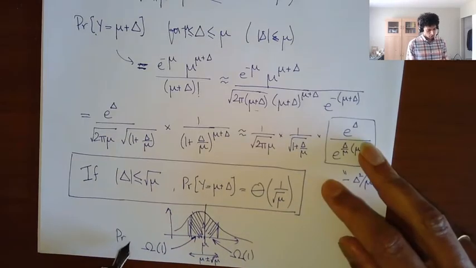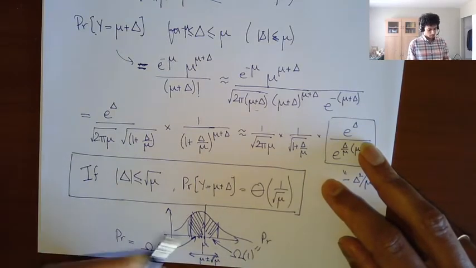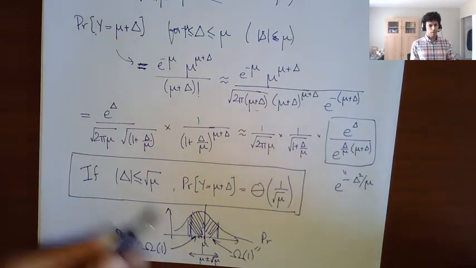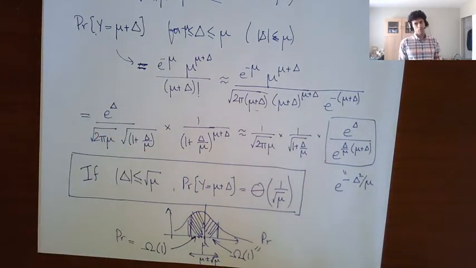So the probability of being in here and the probability of being in here are both omega of 1 by these approximations. And this is an important fact that we are going to use in our subsequent calculations. Okay, any questions?